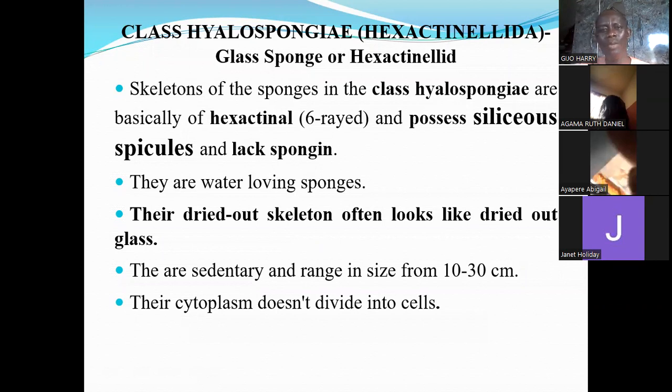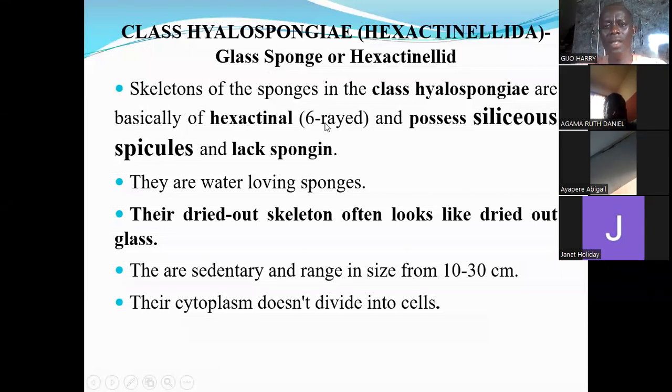The class Hyalospongia are also called the glass sponges or the hexactinellids. Members of this class are basically hexactinal, that is, they possess 6 rays.